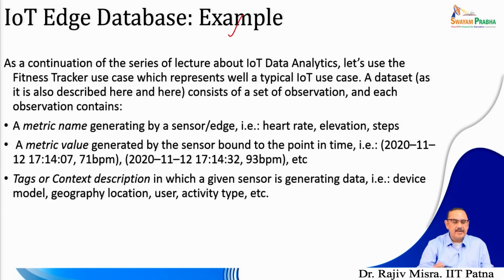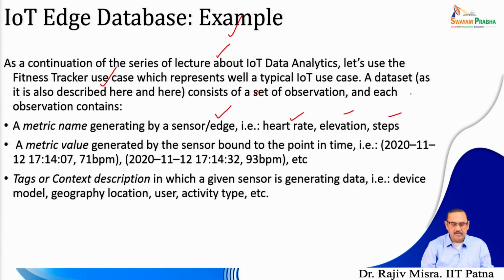Let us take an example of an edge database. Here is the continuation of the series of lectures about IoT data analytics. Let us use one such IoT application, that is called fitness tracker, and this particular fitness tracker consists of a set of observations, and the observation contains the sensors or the edge which measures the heart rate, elevation, steps and so on.